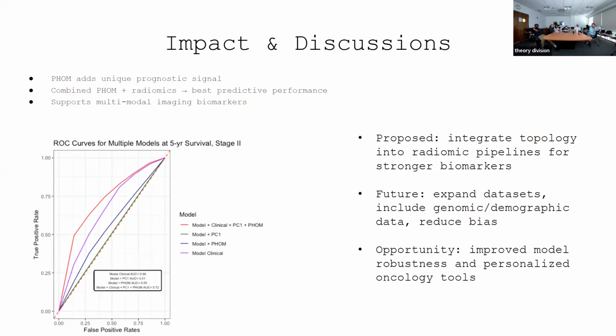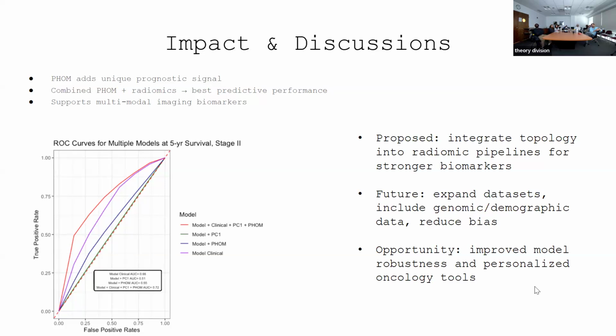For the future, I want to expand the data set. This data set suffered from not having race-coded data and from a lower patient sample. So I want to expand the data set with more race-coded data or more patients, include genomic and demographic data, and reduce bias and disparities in cancer treatment.